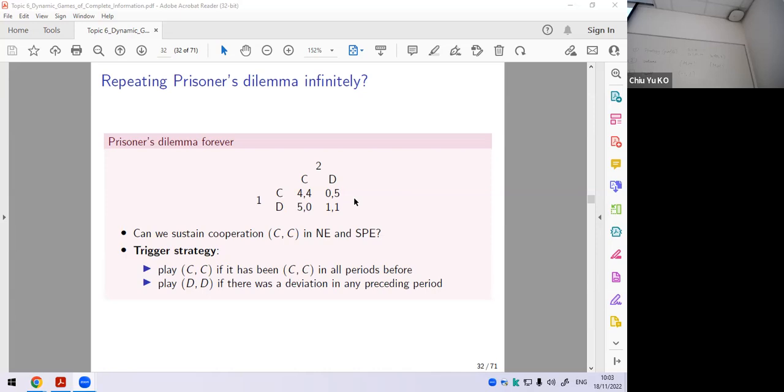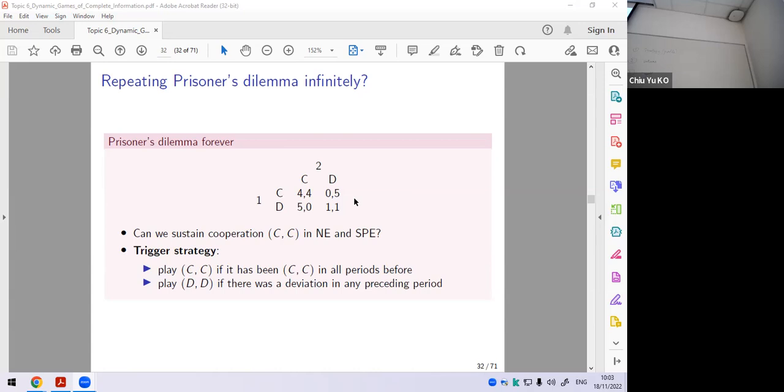So I want to illustrate again what the difference between Nash and subgame perfect is. For Nash equilibrium, I think it's easier to see from this strategy. Remember, when you check Nash equilibrium, you only need to compare along the outcome path. If every player plays CC, this is the strategy, so what is the outcome path we expect?